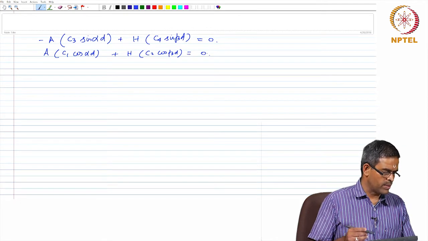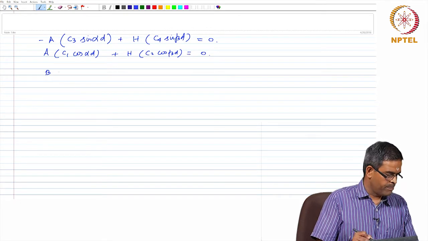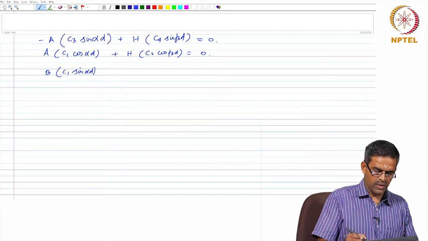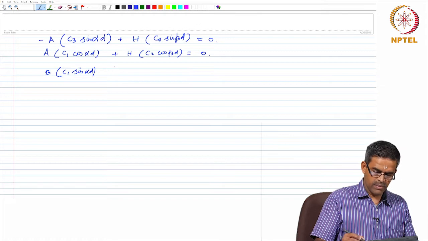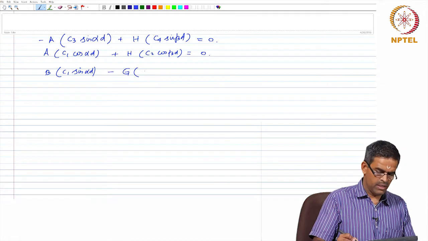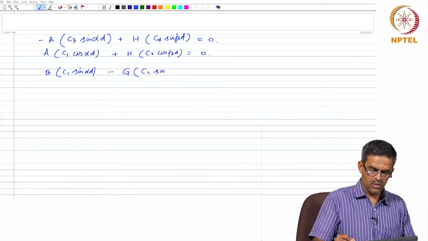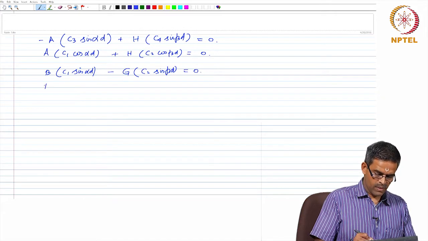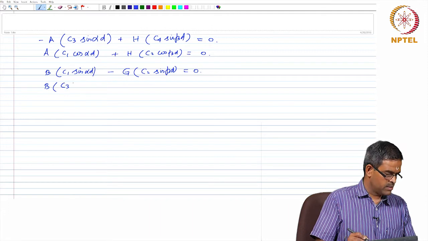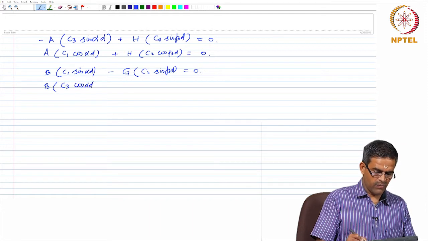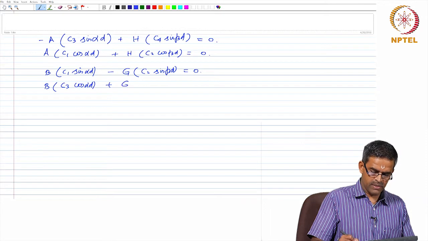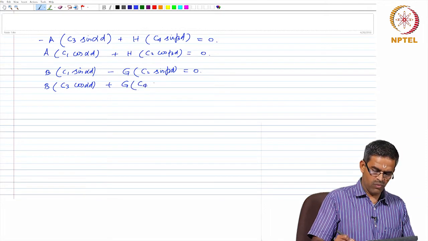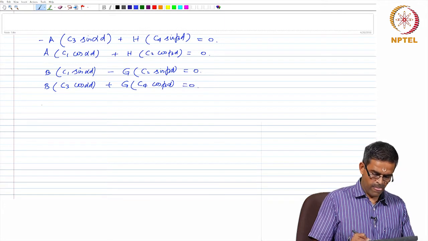These are the characteristic equations we are writing. B C1 sin alpha d minus G C2 sin beta d will be 0, and B C3 cos alpha d plus G C4 cos beta d is 0.